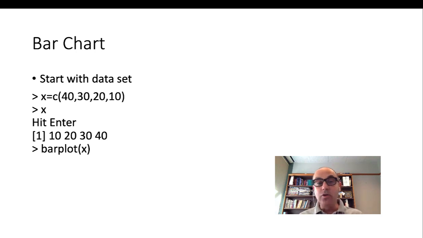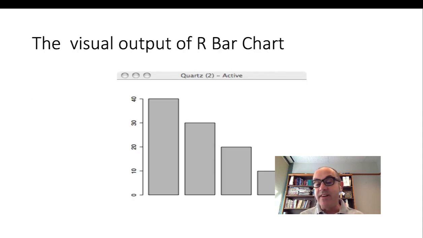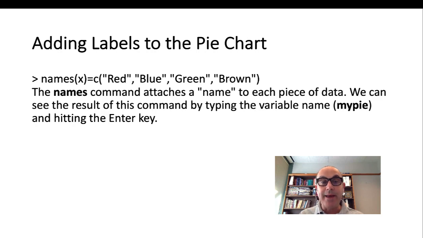And again, I'm using now 4 numbers, 40, 30, 20, and 10. And again, I will create a very simple bar chart without any colors, without any dimension. In this case, I can ask R to add names to those sets, or associate the numbers with a name.